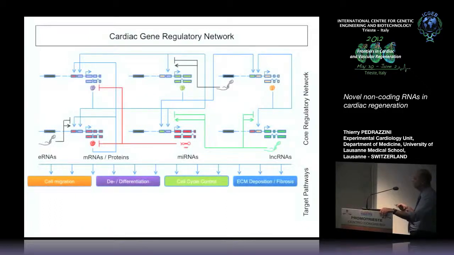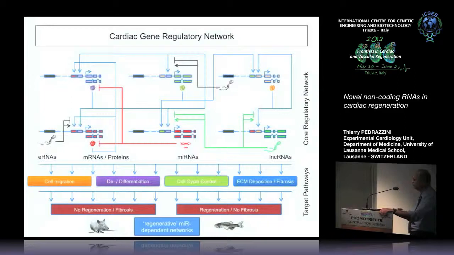There is probably more and more evidence for the importance of long non-coding RNA or enhancer RNA in this situation. But today I will focus my presentation on this experimental approach to try to identify microRNA that can differentially regulate common pathways in the mouse and the fish.